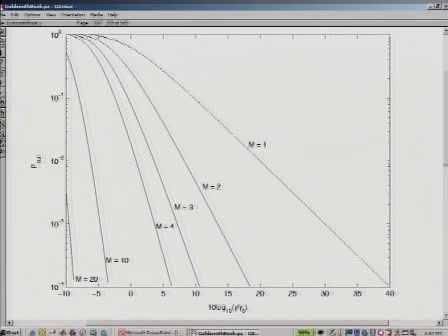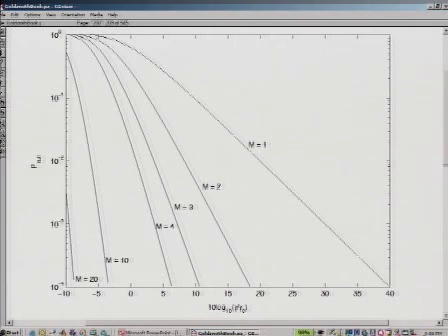Now, say you had a second antenna and you're doing maximum ratio combining. Now you're over here at 1%, and you read it down, it's maybe 8 dB. So you gain about 10 dB by adding a second antenna with combining, and so on. As you add more antennas, you diminish the margin you need.